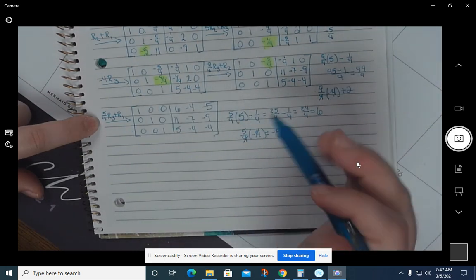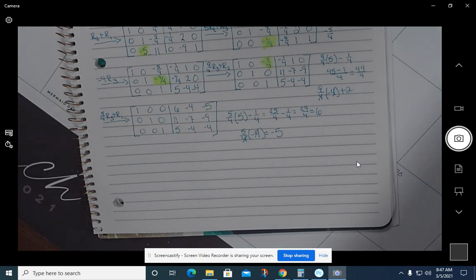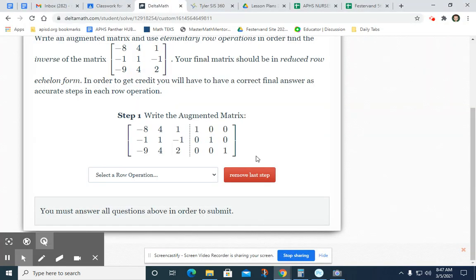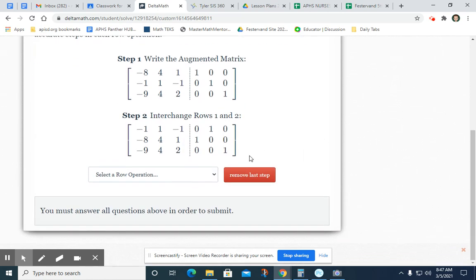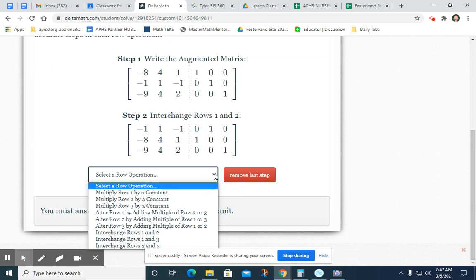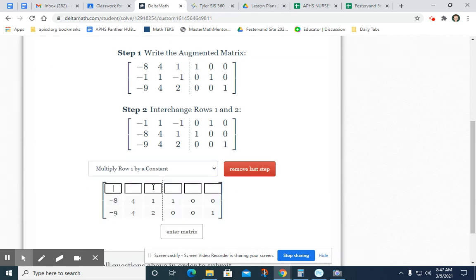Now that I've done all of this work, I'm going to go back and put it into Delta Math. So the first thing I did was switch rows 1 and 2. And then I multiplied row 1 by a constant, which gave me 1, -1, 1, 0, -1, 0.